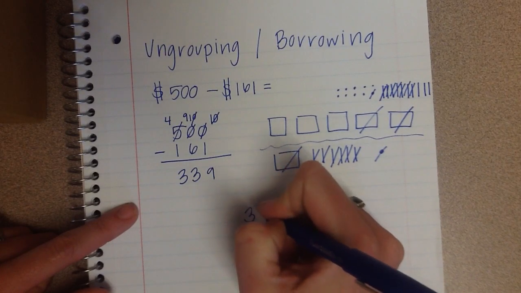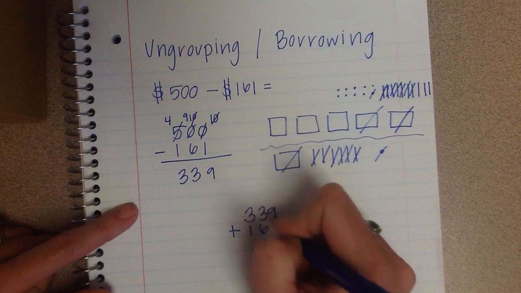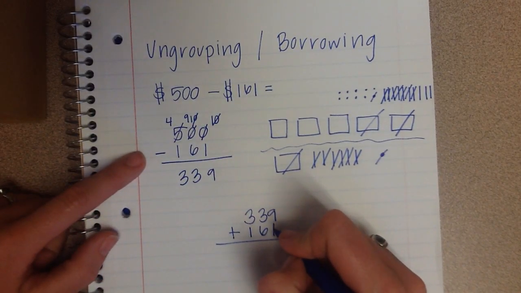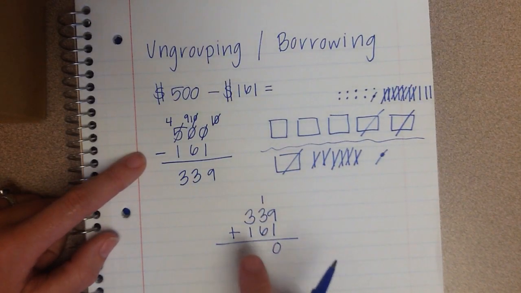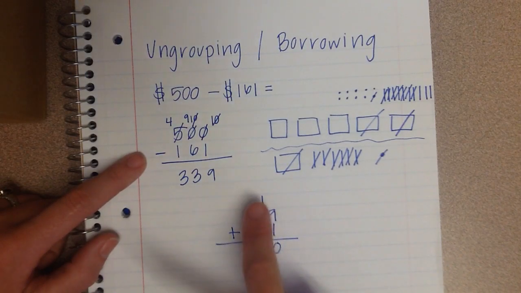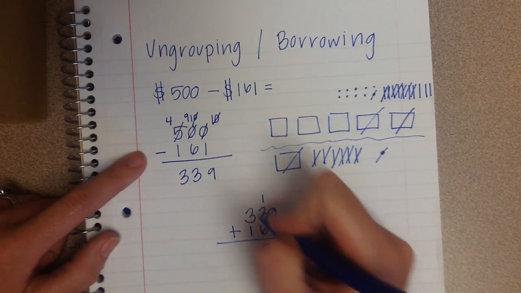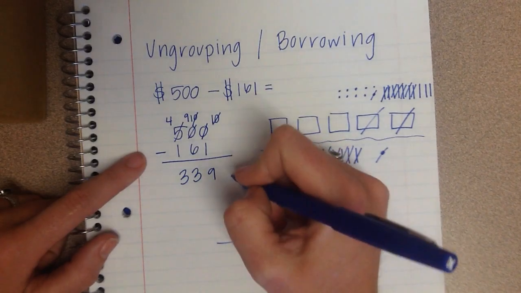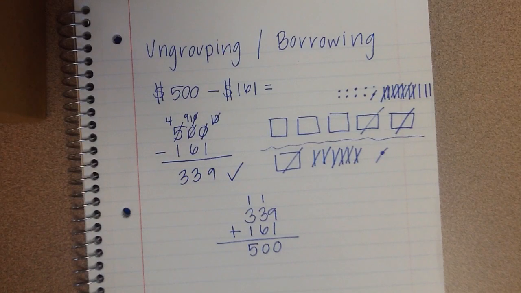So I'm going to do 339 plus 161, because remember the opposite operation you can always use to check. 9 plus 1 equals 10, carry my 1. While it looks like a 1, really it's in the tens column. So 1 plus 3 equals 4, plus 6 equals 10. So I carry my 1. 1 plus 3 equals 4, plus 1 equals 5. So I know I have it correct because 500 is there and 500 is there.